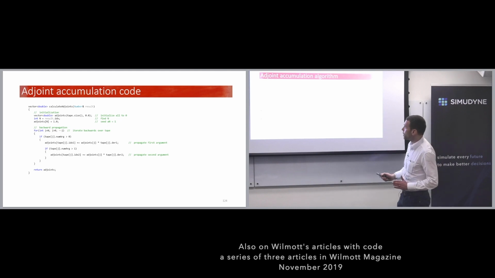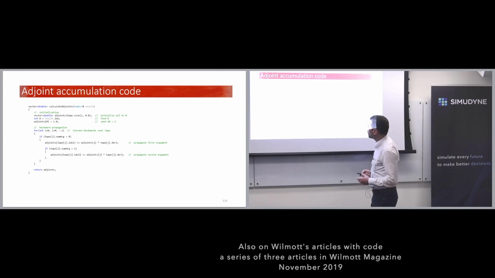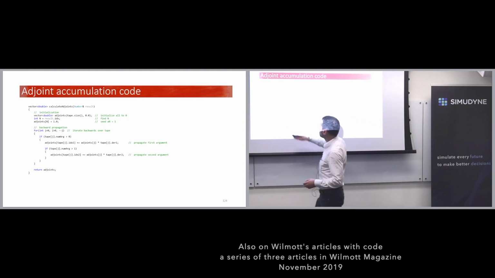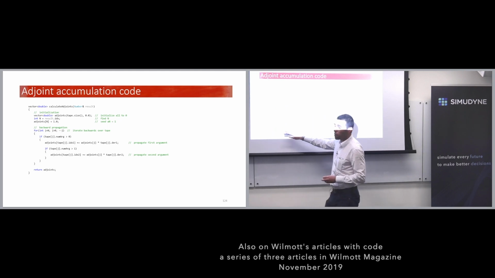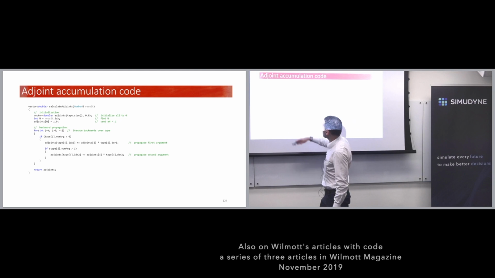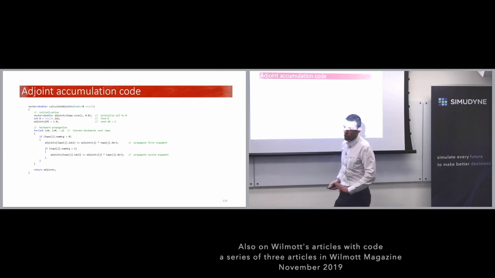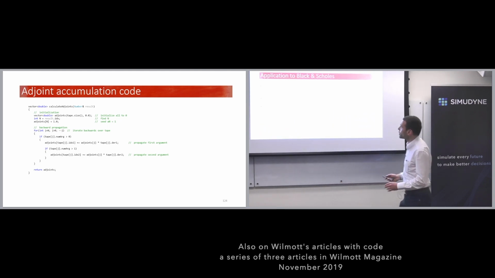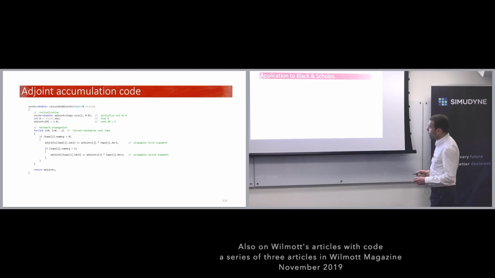It's a direct translation of this algorithm, and it's just a few lines of code. Maybe one thing I'm going to comment on is that it supposes the tape is readable because it's been declared as a global variable. It initializes a vector of adjoints, does the backward recursion, then returns all the adjoints. That's it.